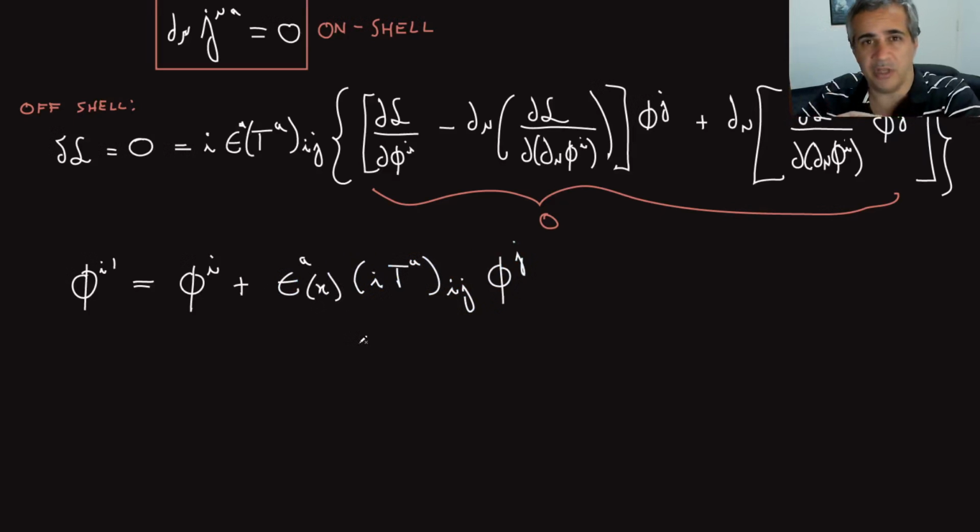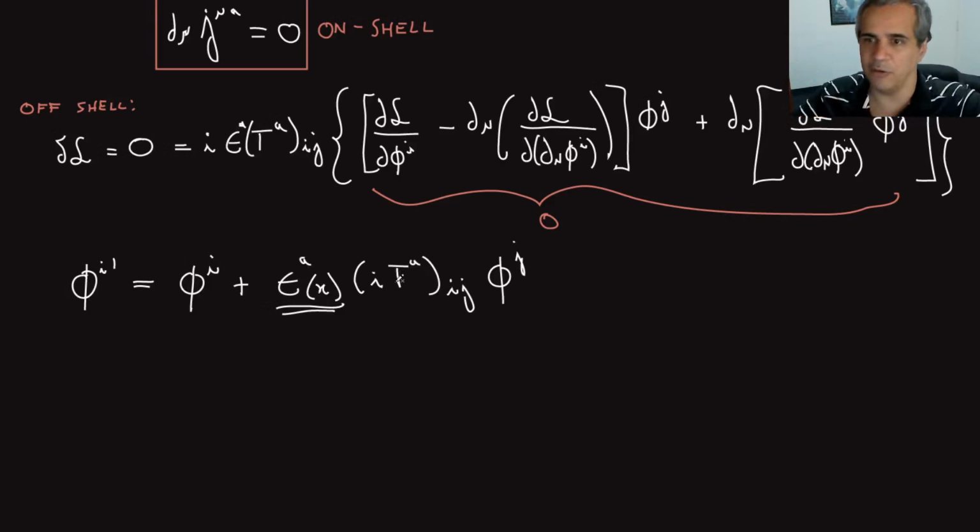Don't be confused here. I'm not saying that my theory, my Lagrangian, is now invariant under a local symmetry. It's still the same Lagrangian. It's still invariant under the global symmetry only. I'm using this as a trick, right?